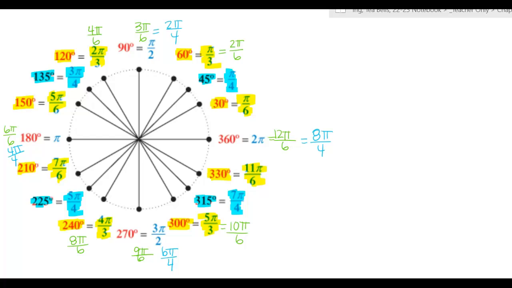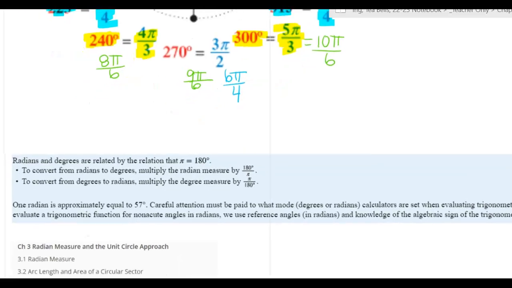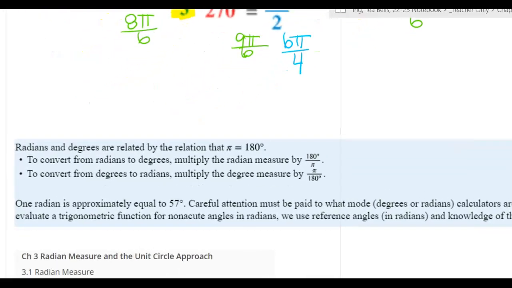You can continue to subtract 2 pi until you get into the measurements of 0 to 2 pi, and then you can use it in reference to this unit circle. Okay, so just to recap, pi is equal to 180 degrees. If we're going from radians to degrees, multiply by 180 over pi. Degrees to radians, multiply by pi over 180.